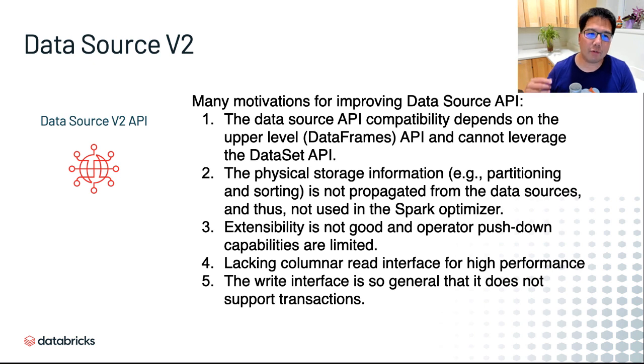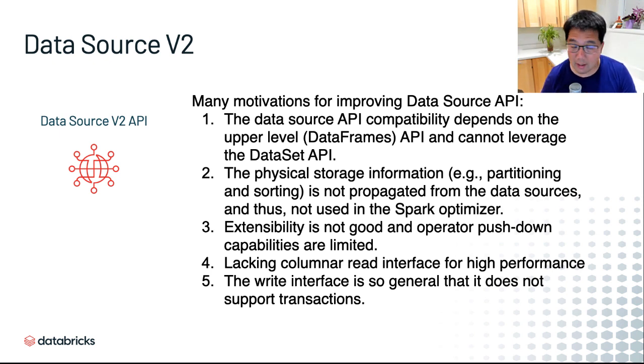But let's redirect for a moment to Data Source v2. All right. There are many motivations for improving the Data Source API that was initially released in Spark 1.3. For example, the Data Source API's compatibility was dependent on the DataFrame API, an upper level one. So it actually can't leverage the lower level APIs.